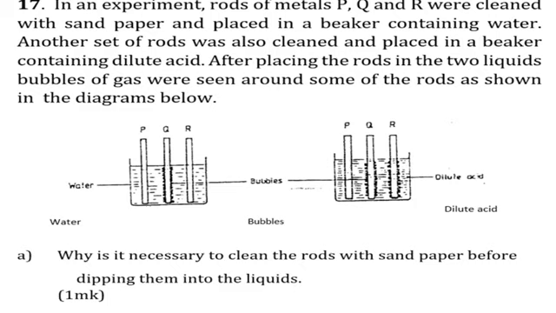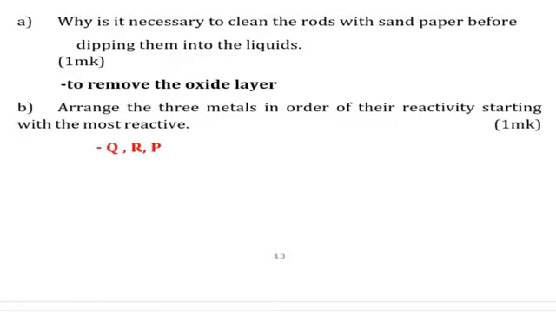In experiment 1, bubbles can be seen in rod Q and in R. You are asked why it is necessary to clean the rods with sandpaper before dipping them in liquid. That one is to remove the oxide layer.